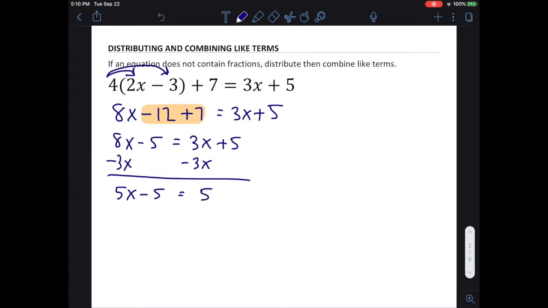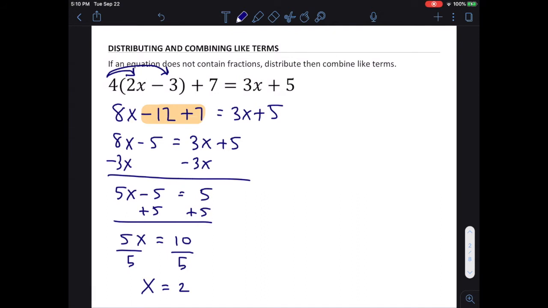Okay, and then we want to get the numbers on the right-hand side. So when I say numbers, I mean any number that doesn't have a variable attached to it. So in this case, the negative 5, so we're going to add 5 to both sides. So we have 5x is equal to 10. And then it's pretty straightforward to divide by 5 and know that x is equal to 2.